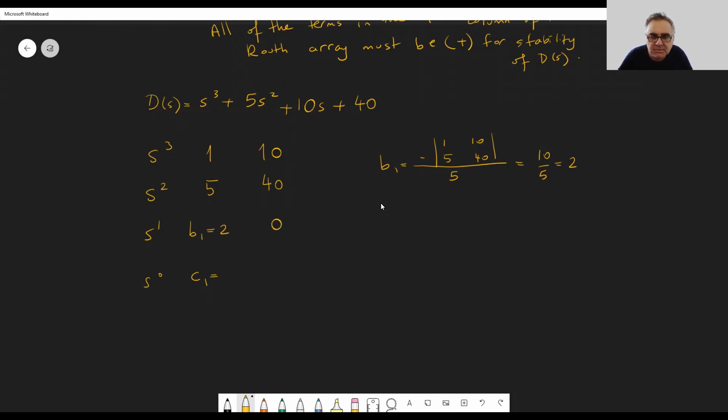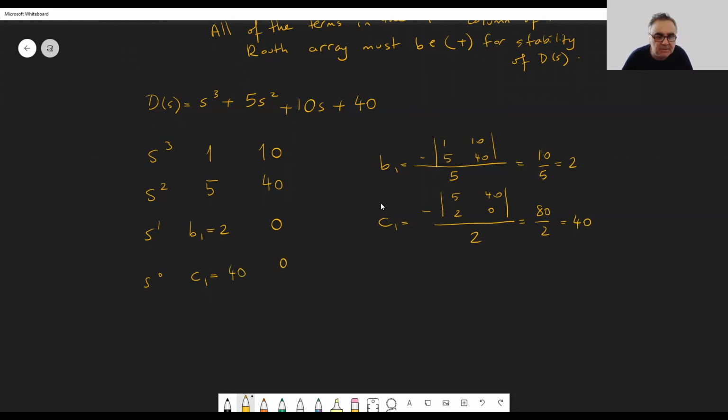And C1 is the negative of the determinant 5, 40, 2, and 0, divided by 2, which is minus 80. But minus is positive, so it is 80 over 2, which is 40. So C1 is 40, this is 0.